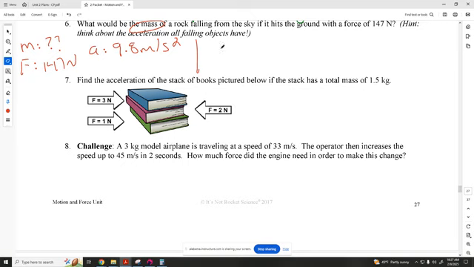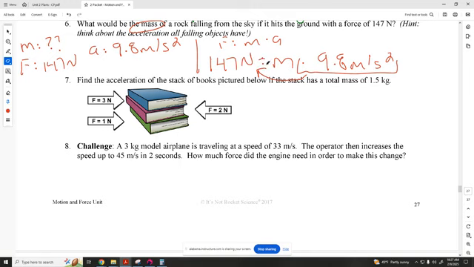So force is equal to mass times acceleration. My force is 147 newtons, which is equal to mass, which is what I'm looking for, times acceleration, which is 9.8 meters per second squared. I want to get my variable on one side by itself, so I'm going to move times 9.8 over. When it crosses that equal sign, it becomes divided by 9.8.